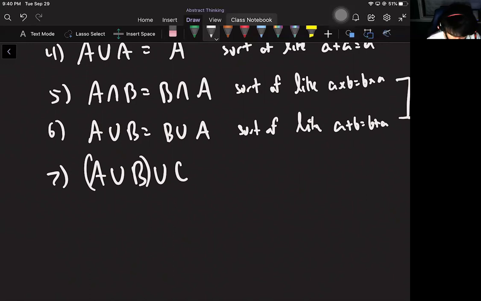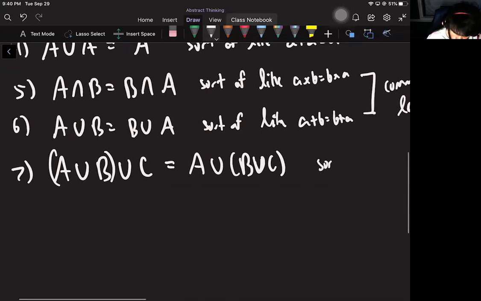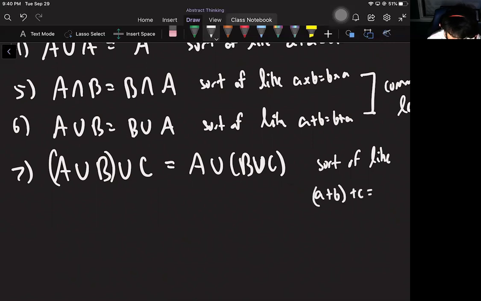So you could do A union B, and then union that result with C. But you could also instead stick B and C together first, and then stick that with A. And these should be the same, and they are for numbers too. So I guess I was using union to be like addition. So this is also true for addition of numbers.